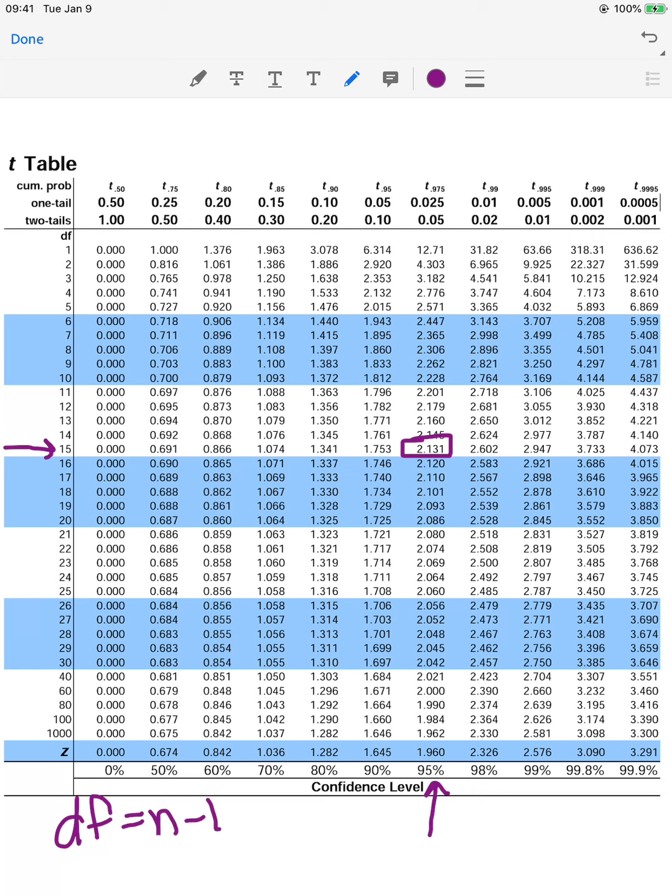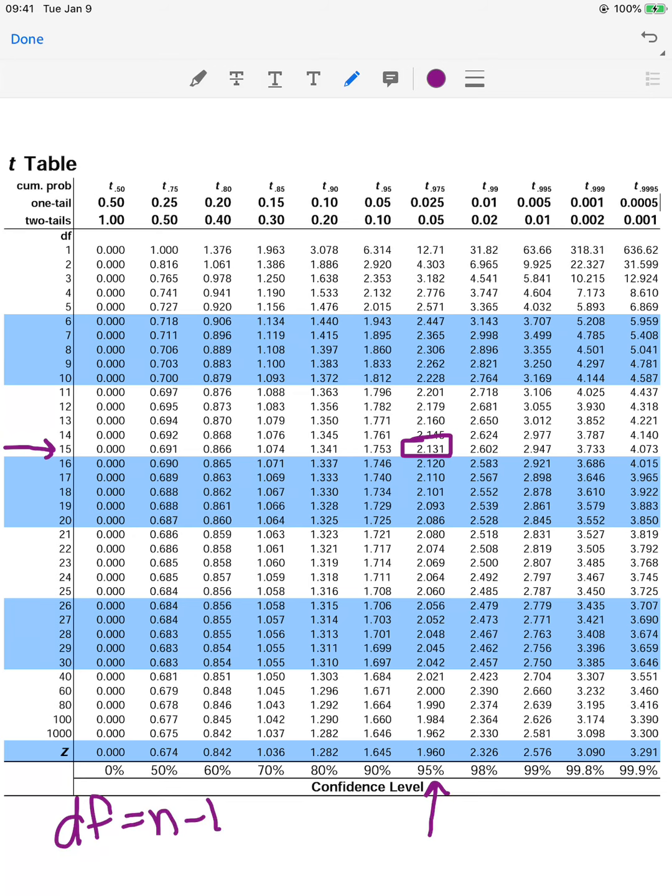And the reason for that is we don't want to restrict the area in the tails. If anything, we want to allow for more area in the tails with those t curves. So we're going to round down to whatever the closest value is in the t-table. But for our problem, we didn't have to do that.